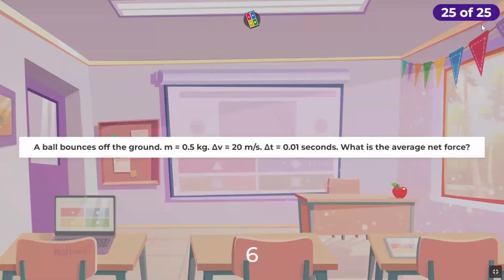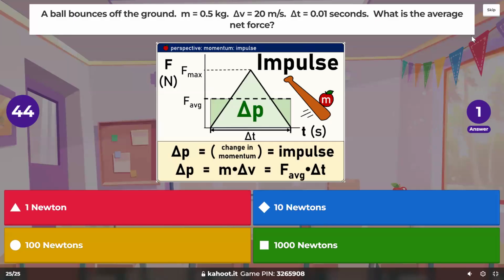For the win. Ball bounces off the ground. Mass of the ball is 0.5 kilogram. The change in velocity is 20 meters per second. The time of collision is 0.01 seconds.